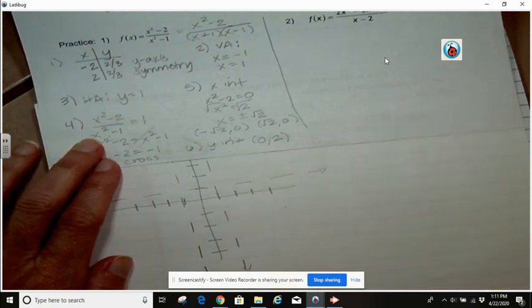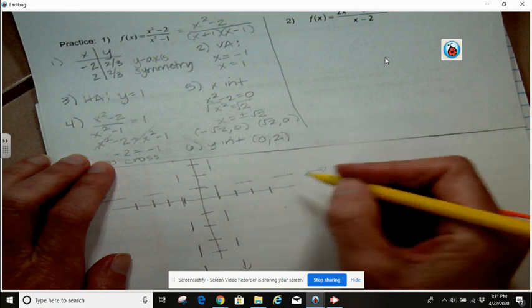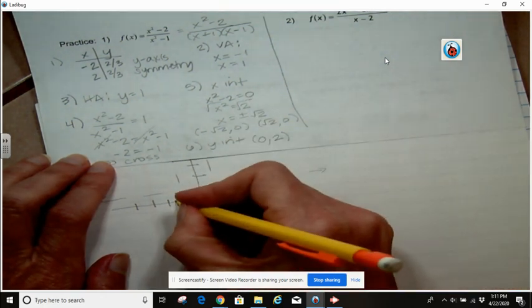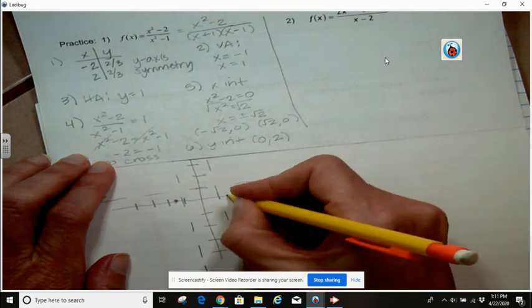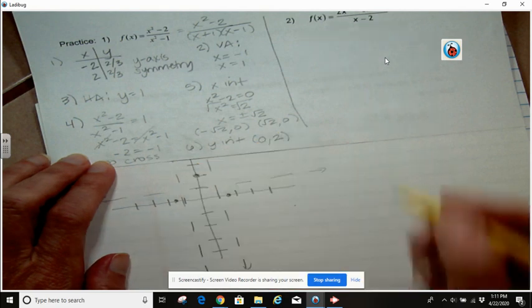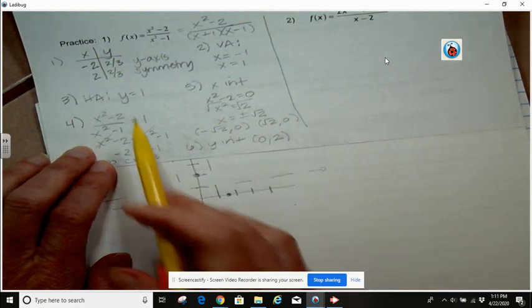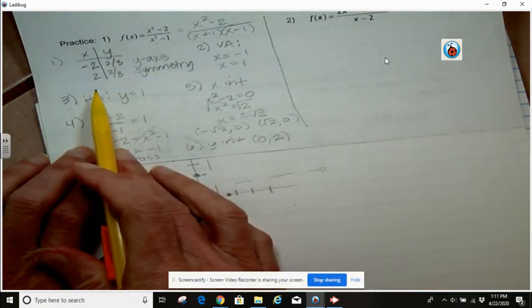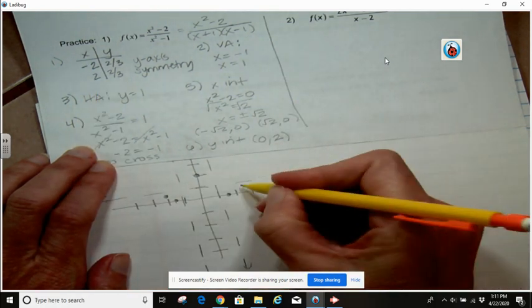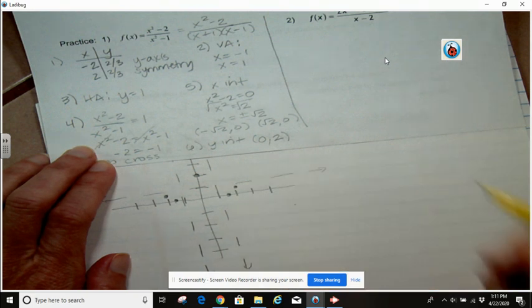All right, so for the x-intercepts, square root of 2 is about 1.4, so negative 1.4 comma 0 and positive 1.4 comma 0. Y-intercept at 0, 2. And if you want to plot these extra points that you got from your symmetry table, you've got negative 2 comma 2/3 and positive 2 comma 2/3.